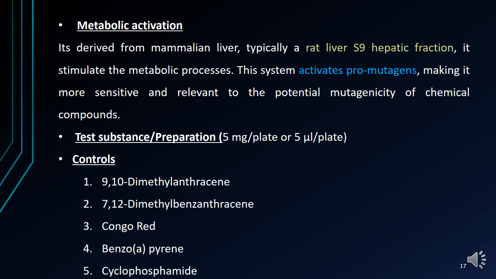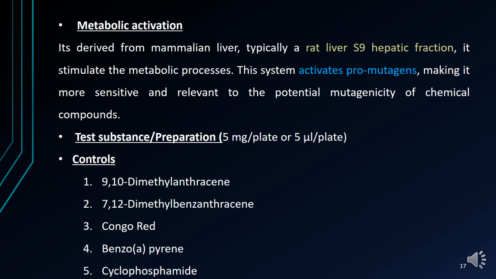Typically, a rat liver S9 hepatic fraction is selected as the metabolic activation system. This system simulates the metabolic processes and activates the pro-mutagen. If the pro-mutagen is activated, it will be converted into the mutagen, and that leads to genotoxicity. It also makes the test more sensitive and relevant to the potential mutagenicity of a chemical compound.